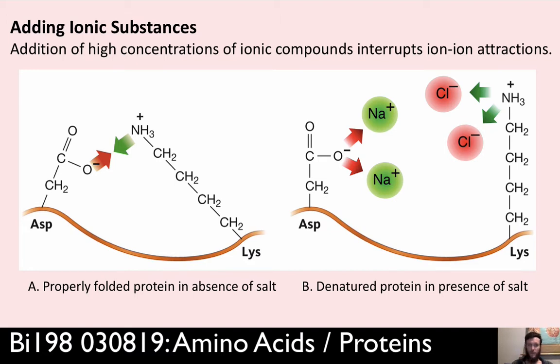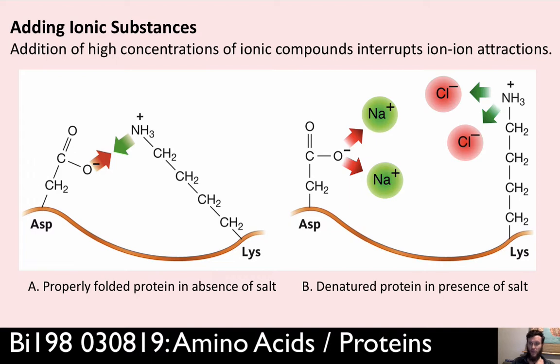We have the charge interactions that we've already described, and we disrupt those by sort of shielding the charge on the aspartate and the lysine. These are just examples of amino acids that may be interacting with one another. We shield the negative charge on the aspartate with the sodium ions, which are happy to cluster around that negative charge, and we shield the positively charged amine on the lysine group with the chloride ions that are attracted to that positive charge.